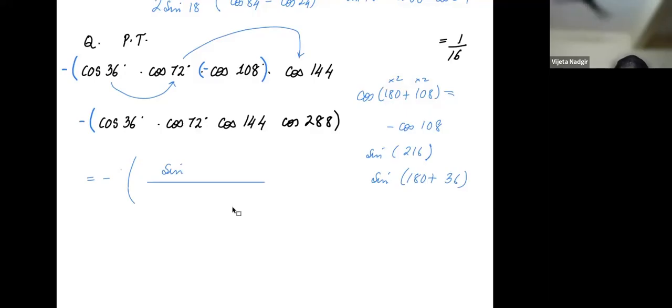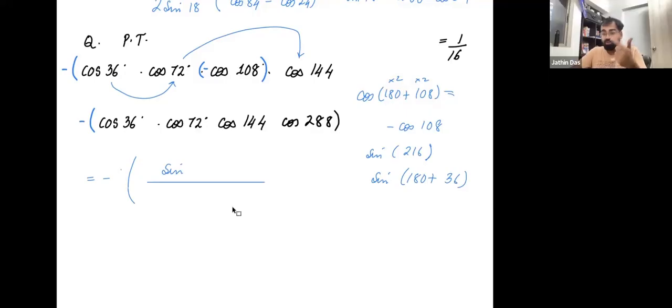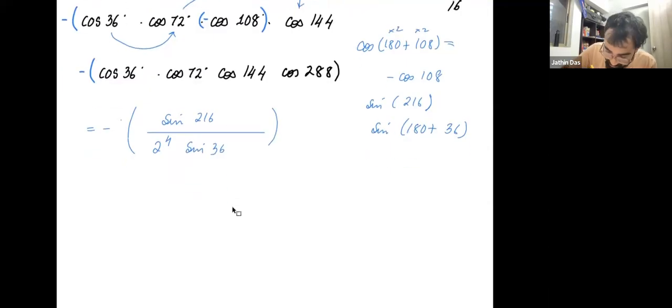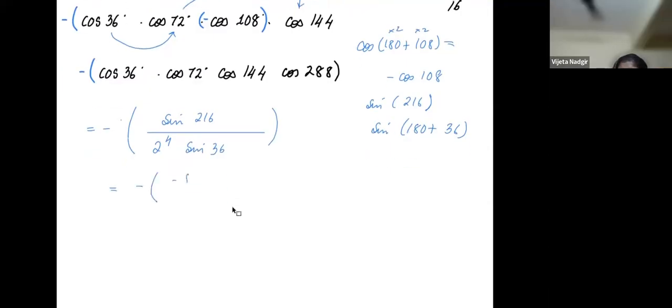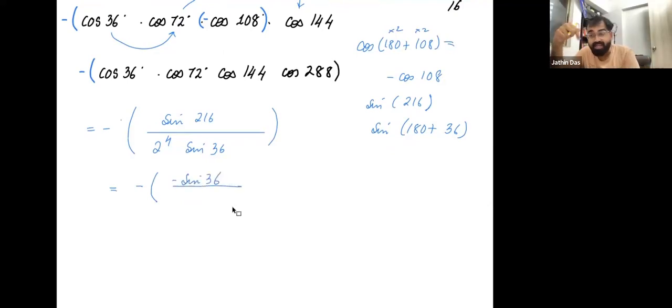Is that clear? So what is sine 216? So I'll write sine 216 here for now. Okay. How many terms? 4. So 2 raised to 4, divided by what was it? Sine of the smallest angle. Sine 36. See, above also sine 36 is coming, minus sine 36 is coming. So first you multiply 2 sine alpha on top.